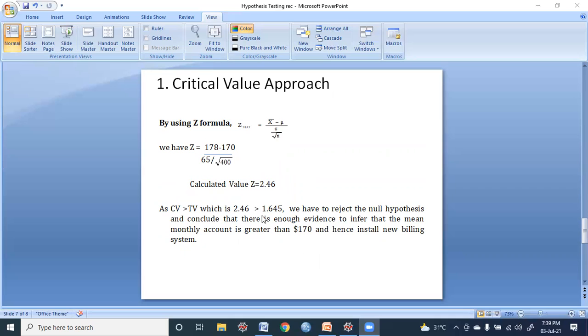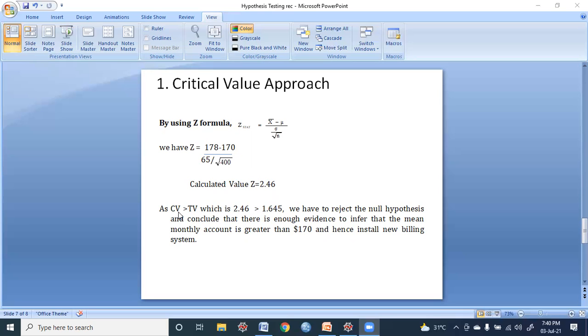At the 95% confidence level and 5% error rate, the table value for the Z-test is 1.645. Comparing the calculated value 2.46 with the table value 1.645, the calculated value is greater than the table value.